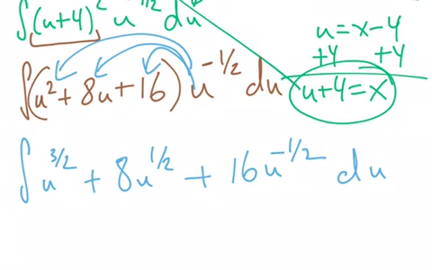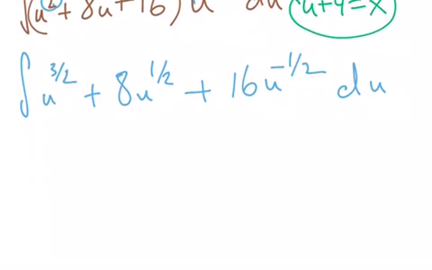Now keep in mind when I did this, when you multiply u squared times u to the negative 1/2, you add the exponents. So this is 2 plus negative 1/2, so 3/2, or 1.5, and so on with all of these.